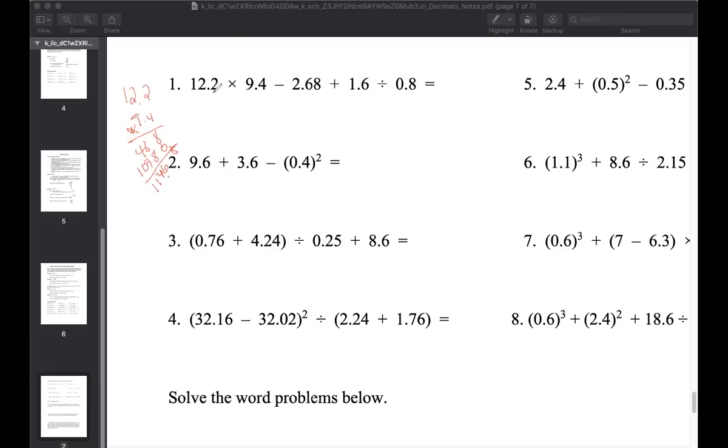What did you guys get? 114.68. Very good.